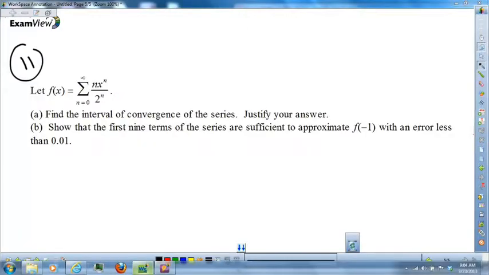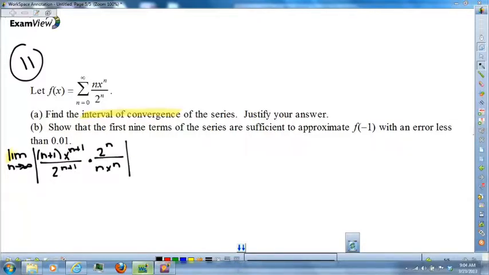Okay, so number 11, we're going to find the interval of convergence, so we're going to use the ratio test. Remember, in the ratio test, it's always the n plus 1 term divided by the nth term. Since we're dividing and we have a fraction, we're going to multiply by the reciprocal.